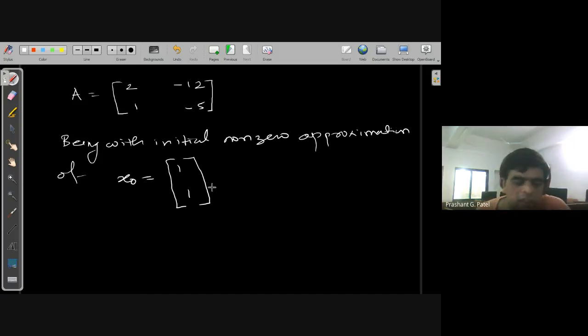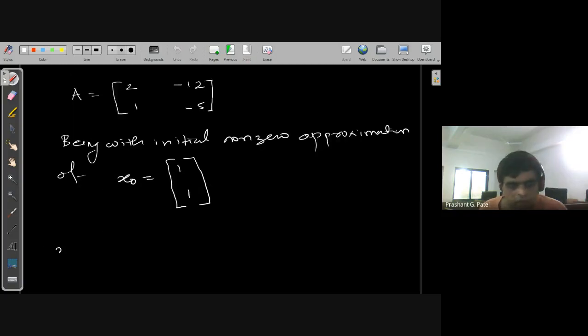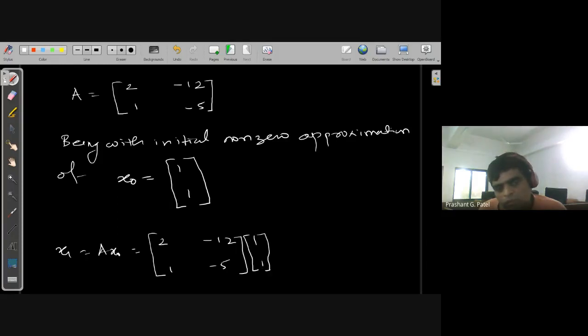Now we find the iterations as we did here. So this is our x0 value we started with. Now we need to calculate x1. To calculate x1, we do A x0. So x1 is equal to A into x0. We already have A, that is 2, minus 12, 1, minus 5. If you multiply this with x0, that is (1, 1), this gives me (minus 10, minus 4).